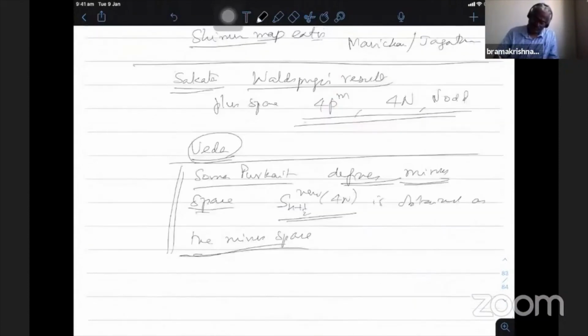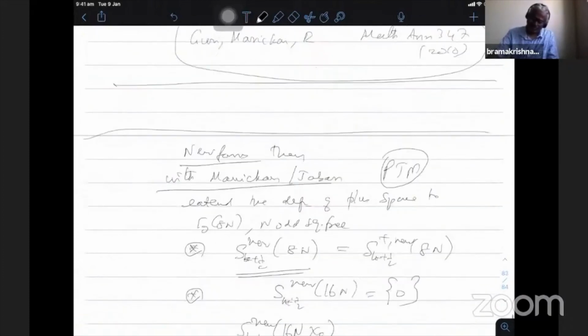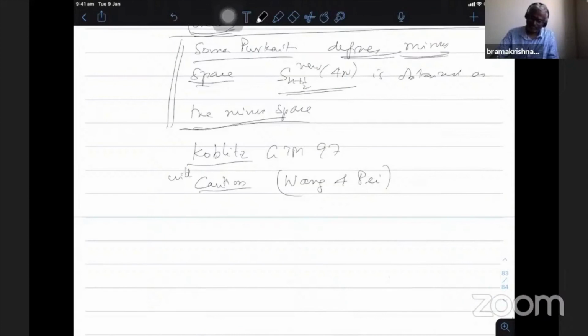As for books, I recommend only the book of Koblitz, GTM 97, and with caution we have to read the book of Wang and Pei, the same authors as the Shimura map extension in 2003. They also have a book on modular forms of half-integral weight. While reading it, please refer to the corresponding references for minor mistakes.